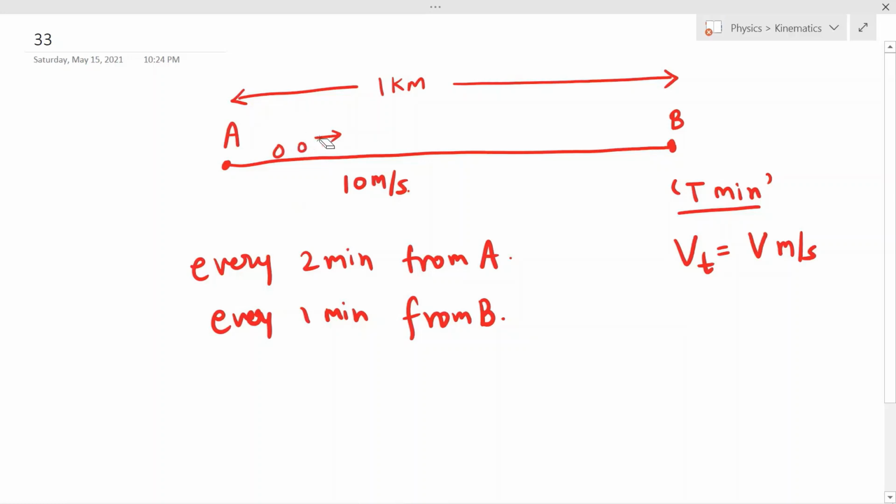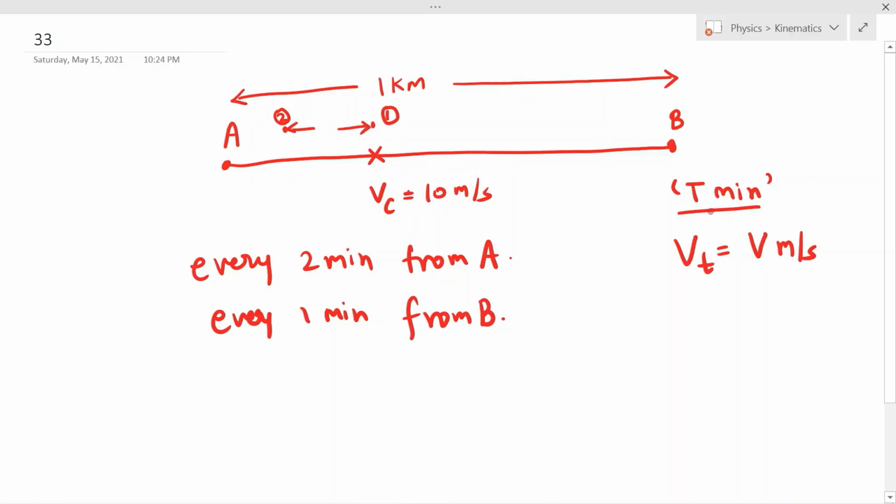So let's solve this. This 10 meter per second is the velocity of the cyclist. Suppose the cyclist is at this position, and at this position the cab which has left from position A meets him here. Let's say this is the first cab. The next cab will be some distance away from the first cab. And what will be this distance?